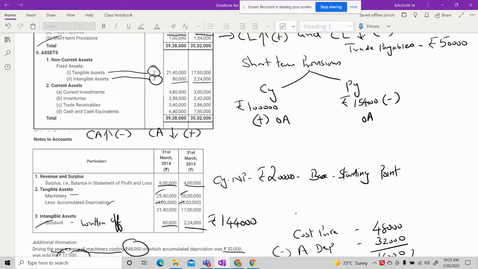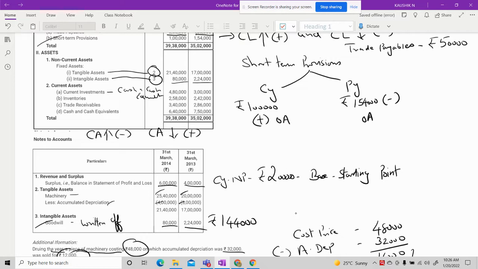It has mentioned current investments. Remember, when you have current investments appearing in your current assets, this should be taken to cash and cash equivalent. It should not be a part of your current assets. It should be taken to your cash and cash equivalent.